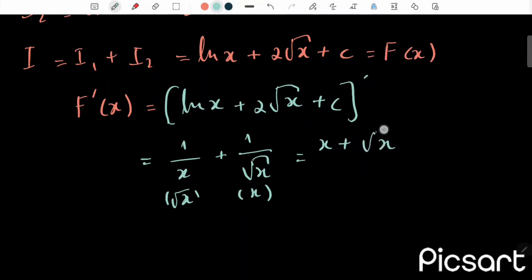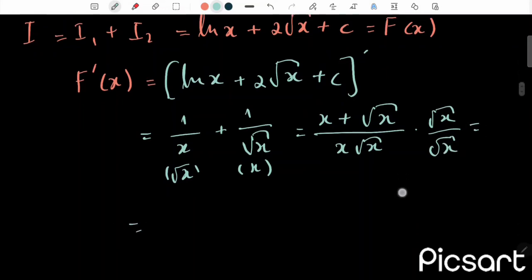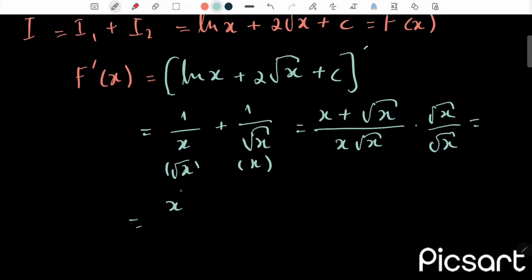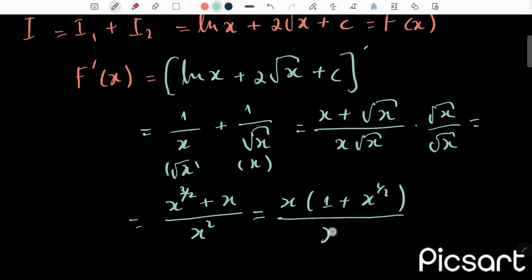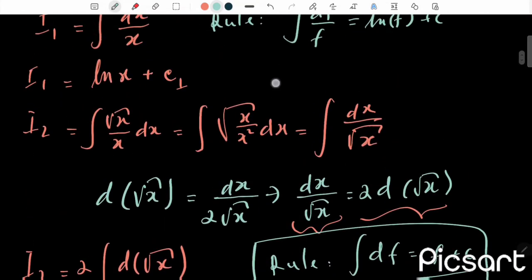x plus square root of x over x square root of x, and we can multiply both by square root of x here, and we get x to the power 3 over 2 plus x over x squared, so that we have x times (1 plus x to the power 1 over 2) over square root of x squared, and simplifying 2 by this x, we have here 1 plus square root of x over x, which is actually the little f that we have in our original integral.